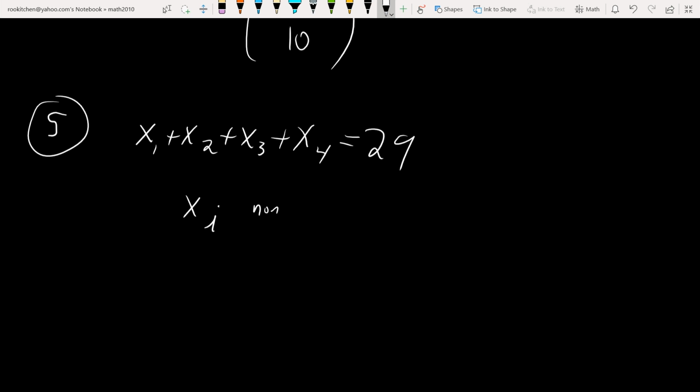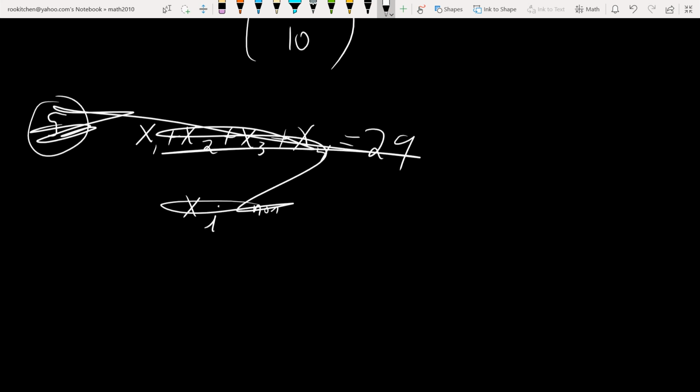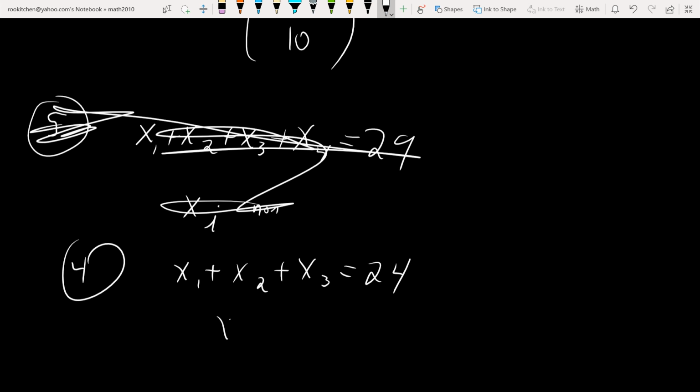Well, no, that's what we did last time, right? So let's look at a different one. Let's look at number 4. Find the number of possible solutions to x1 plus x2 plus x3 equals 24, where the xi's now are in the set of positive integers.